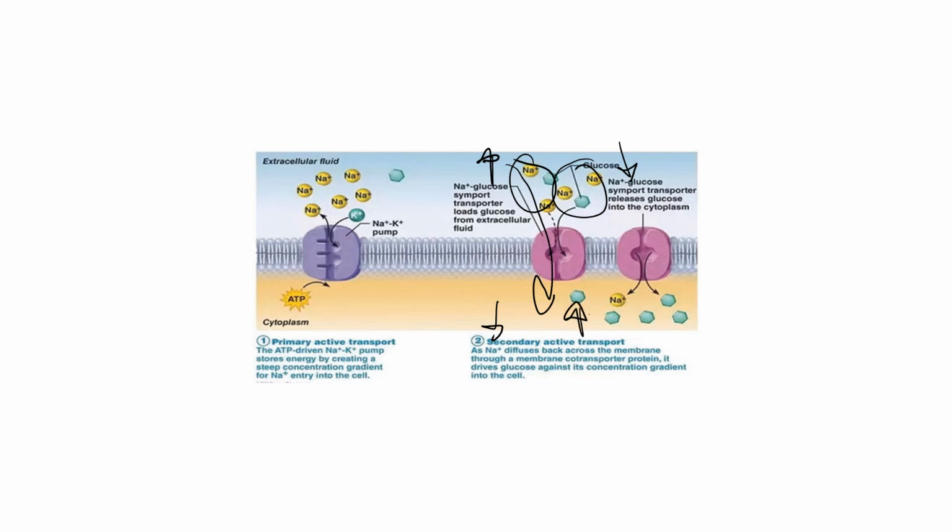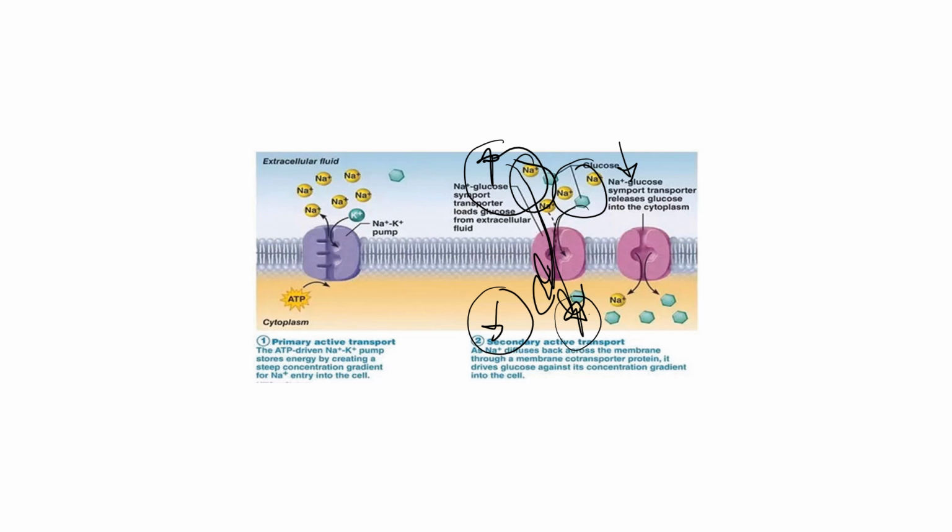Okay, so sodium diffuses from a high concentration outside of the cell to a low concentration inside of the cell, so it kind of passively moves past the integral protein, and it provides the integral protein the energy that it needs to move glucose from a low concentration outside of the cell to a high concentration inside of the cell. Okay, so this is still secondary active transport. The integral protein is pumping glucose from a low to a high concentration, and it's using the energy from sodium diffusing past it.